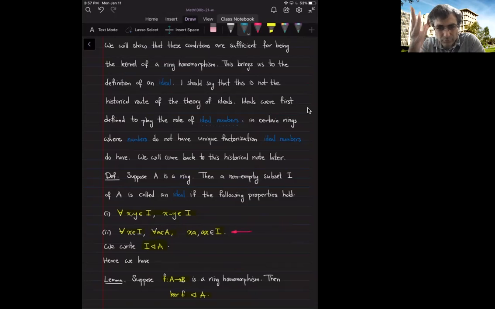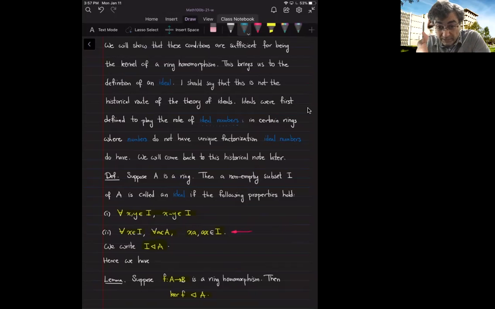A here is not a group, A is a ring. Also, it is an additive group, but here A is a ring. So from the context, you have to understand that you are working with ideals. In this course, we will be mainly working with rings, so there should not be a confusion.